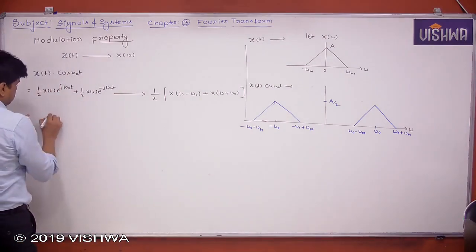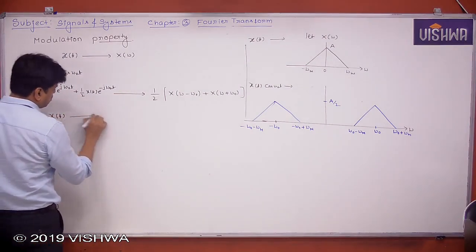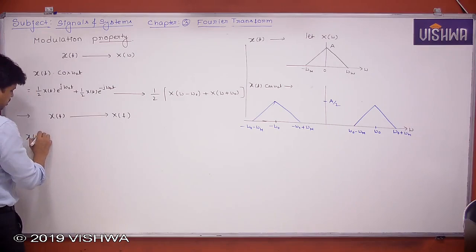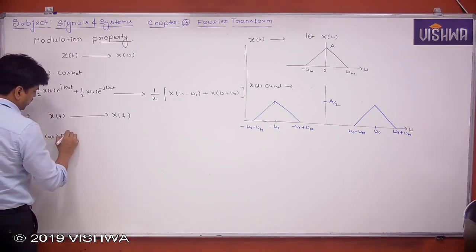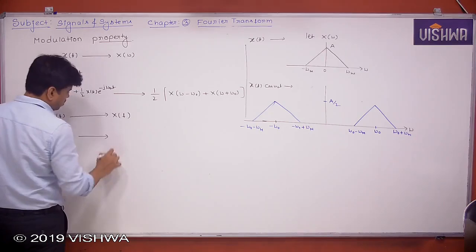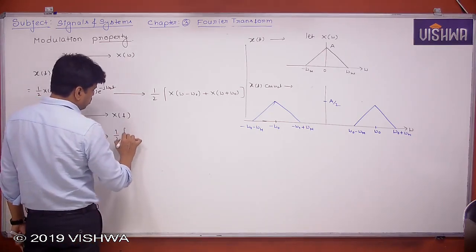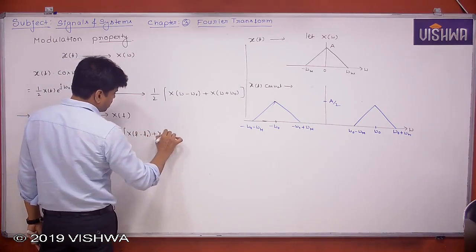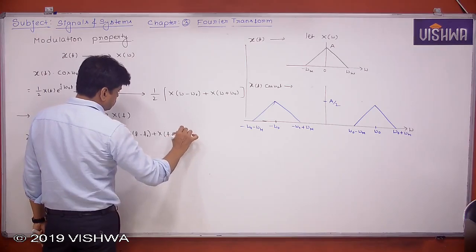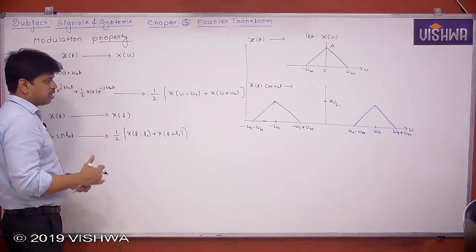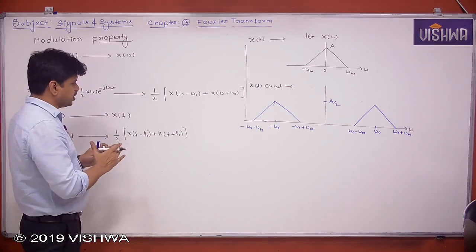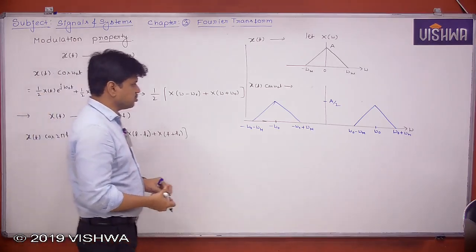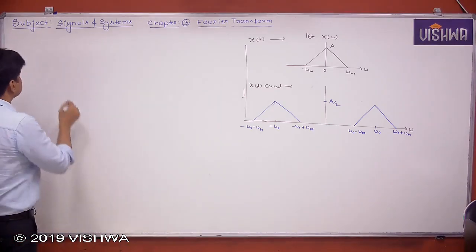Suppose x of t has X of f, then if x of t is multiplied with cos 2 pi f naught t, the Fourier transform is 1 by 2 times X of f minus f naught plus X of f plus f naught. Again here it is divided by half. That means the spectrum is divided into two halves, one placed at f naught, another placed at minus f naught. That's the meaning of the transform for this.